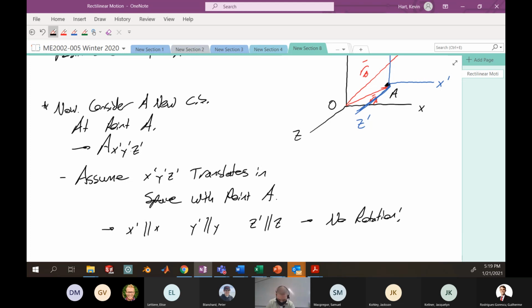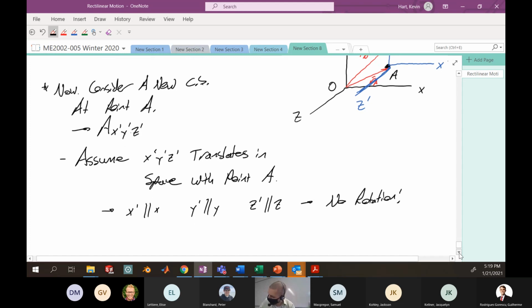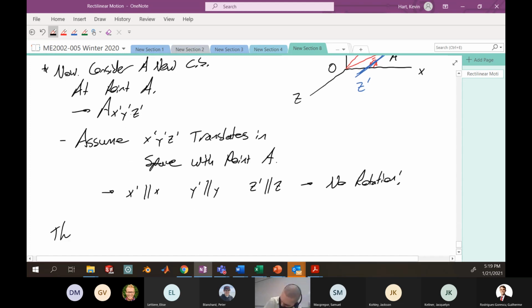If this is the situation, then we can pretty easily define the position of B relative to A in the X prime, Y prime, Z prime coordinate system. Let's write this a different way.